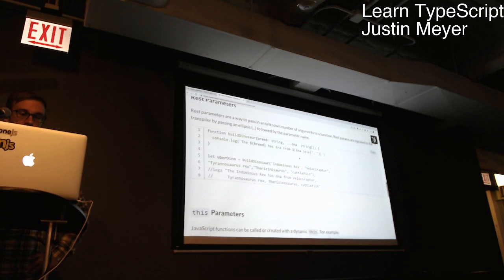Rest parameters are available in JavaScript, but you can also provide a type for them. Here I want build dinosaur to take a breed and then as many arguments as I want, called DNA essentially. I can just pass it arguments that I want to comprise this DNA argument here, and I type it as an array of strings.